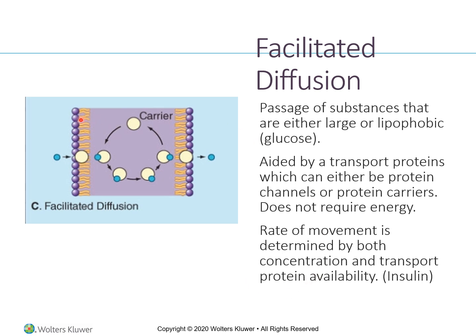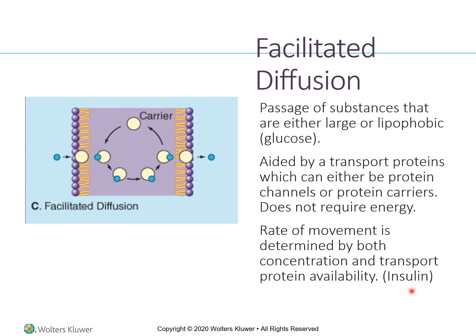If I don't have many carrier proteins, but I have a whole bunch of substances that need to get across, I'm still not going to move very quickly, right? Sometimes within the body, we have signaling mechanisms that tell us to increase the amount of carrier proteins available so that we can get all these substances across. That's what's happening with something like insulin.